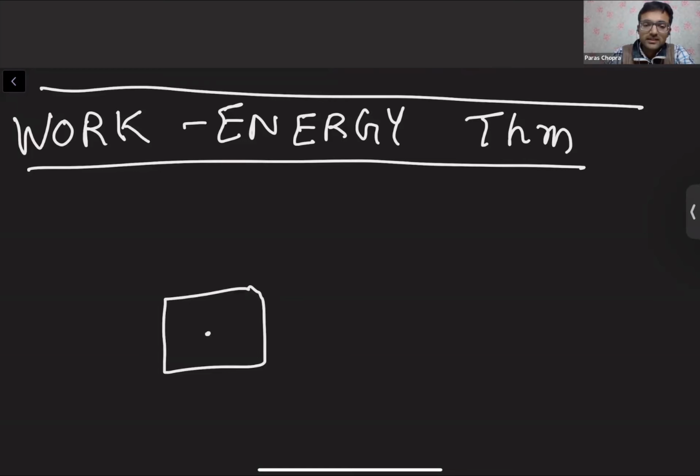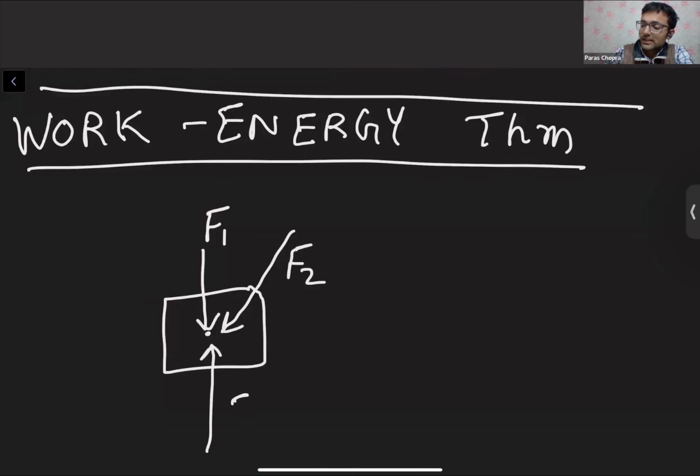Let us say this is our frame of reference which has a mass m, and it is being acted on by a set of forces F1, F2, F3, F4, and all the forces are acting in different directions.